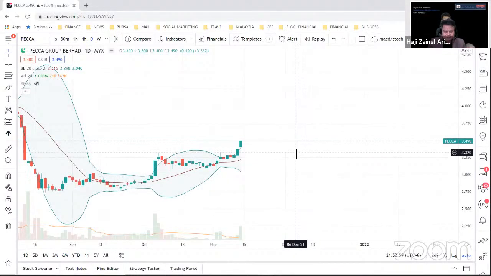Let's say for example the price today closed at 349.5. If you buy today, and the price drops to 330, that is the benchmark you put in. If it drops to 330, that is the total amount of risk you are willing to take.